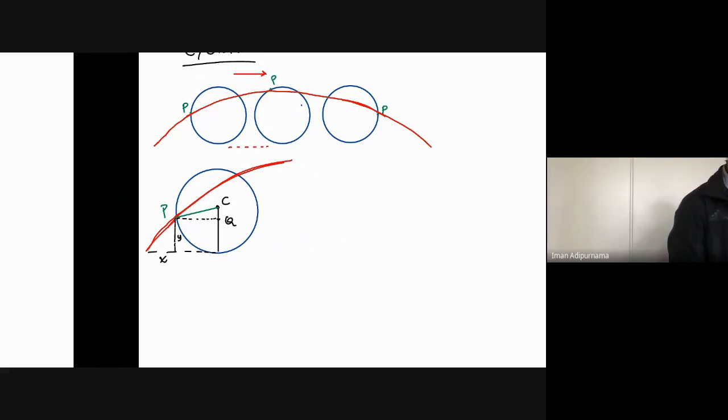And inside is theta, and all the same radius. So radius R, radius R. And then the other, this will be O, the origin.